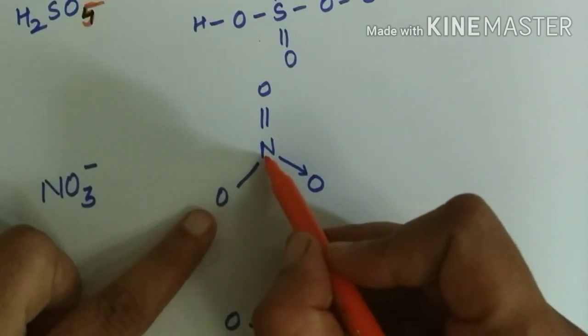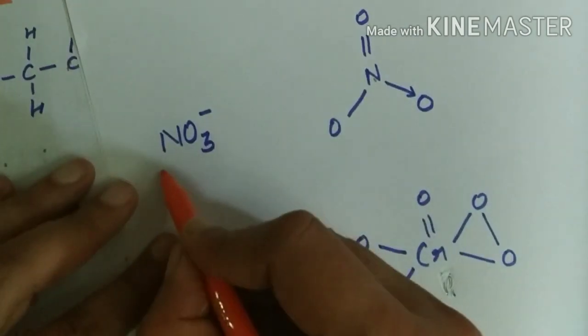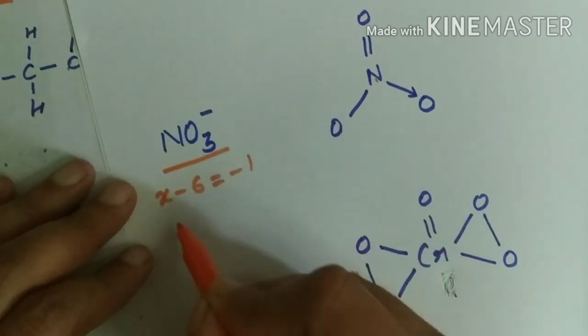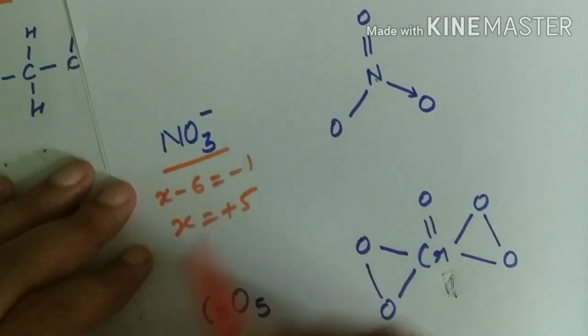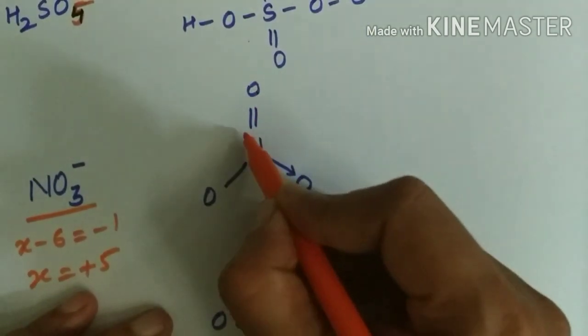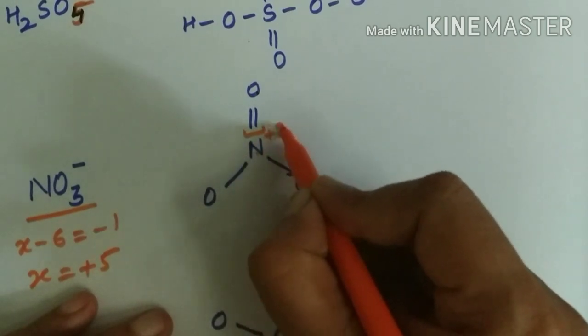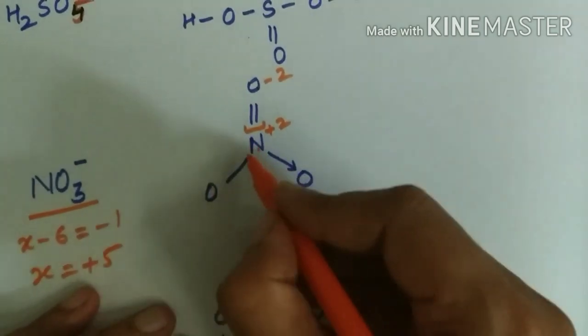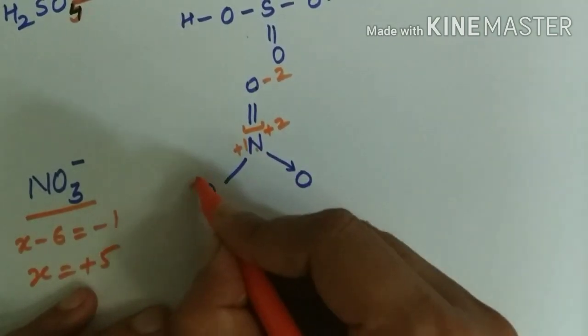Now in this case, for nitrogen, x - 6 = -1, x = +5. From the structure, oxygen is more electronegative than nitrogen, so here +2 -2. Here a single covalent bond is there, so here +1 -1.